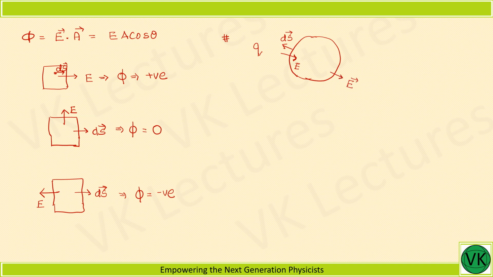The electric field direction won't change, but the surface is outward. Both are in the same direction. So if I say this is phi 1, and here we have the flux phi 2, phi 1 is negative because the electric field and the area vector are in different directions, and phi 2 can be considered positive because they are in the same direction. This is the reason why, when you have a closed surface and a charge is placed outside this, the total flux becomes 0.